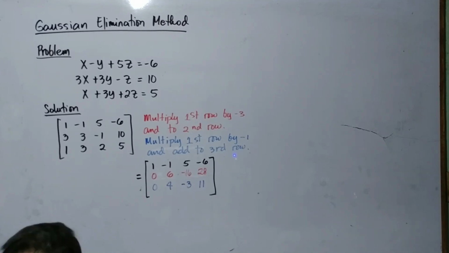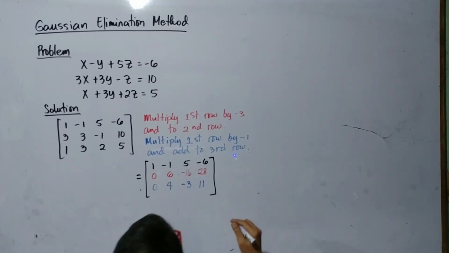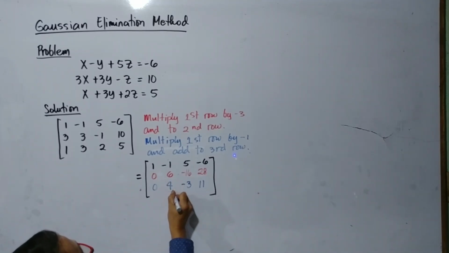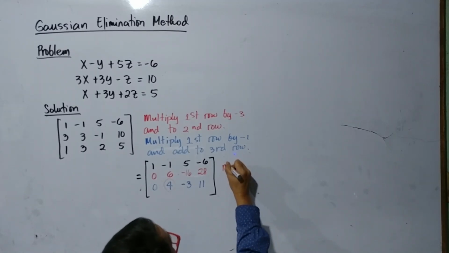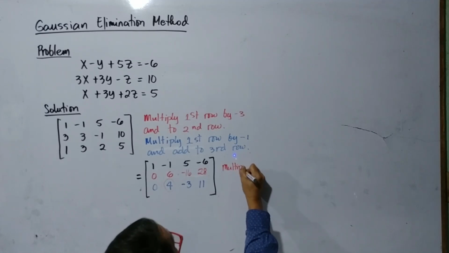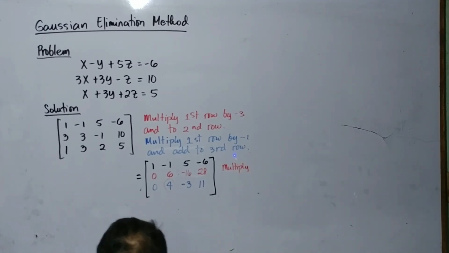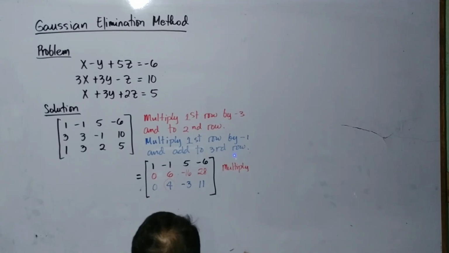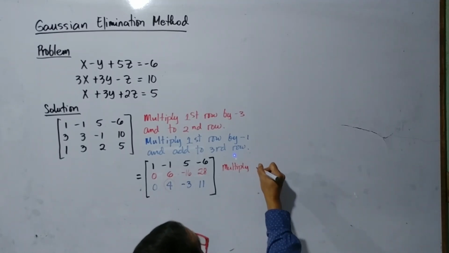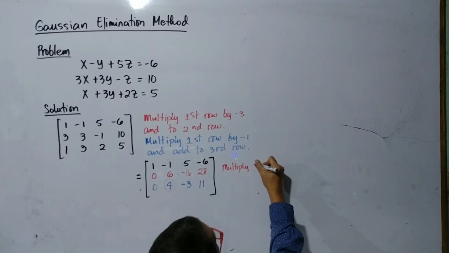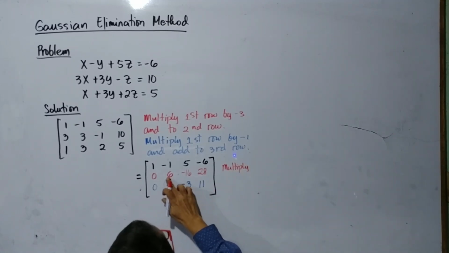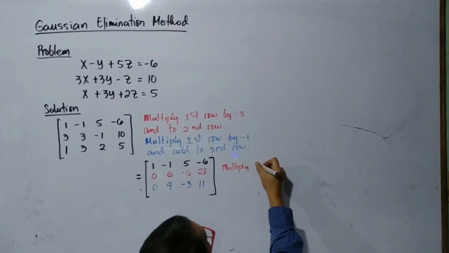Next, we have to make this one 0. So, let's reduce the second row first.